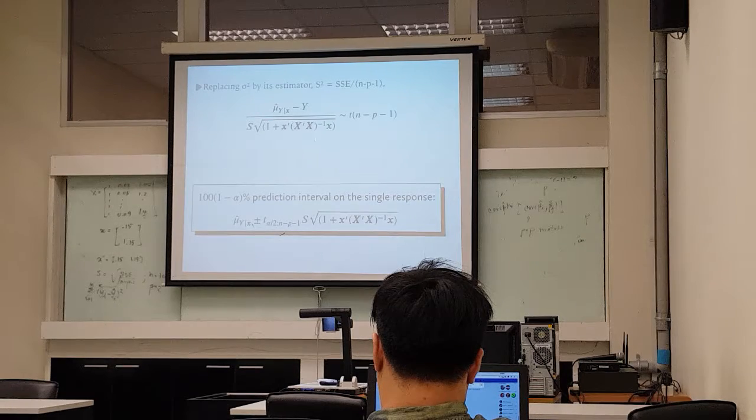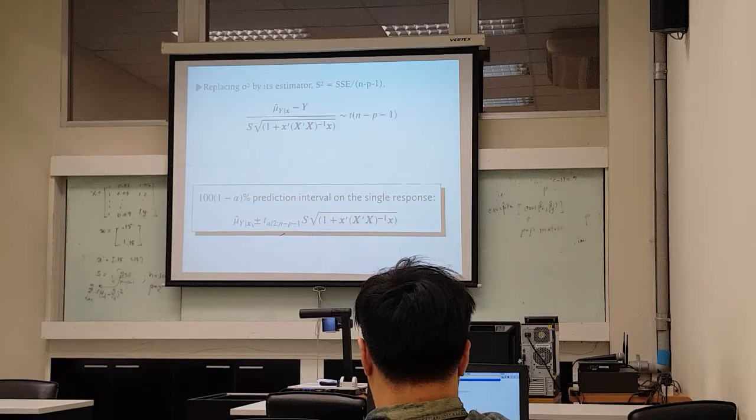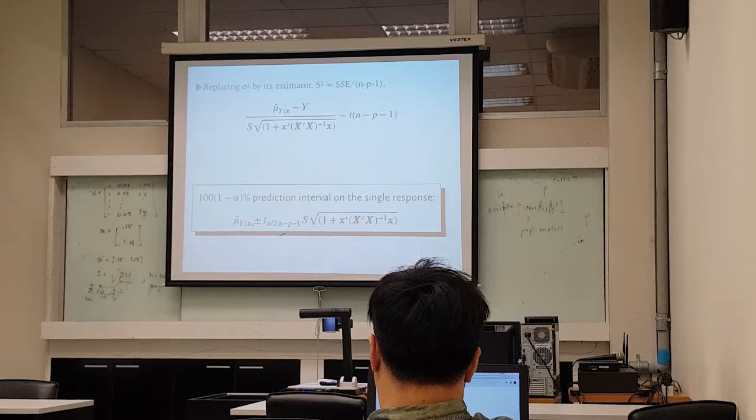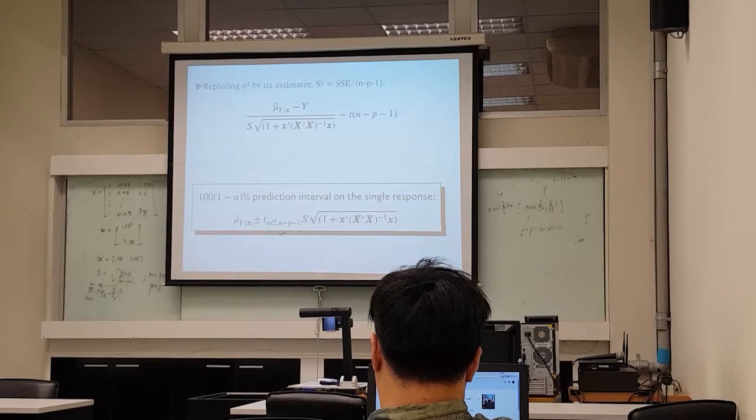So from this, the confidence interval on the single response is given by the estimated response, plus or minus this critical value and this s multiplied by this value. This is the equation for prediction.